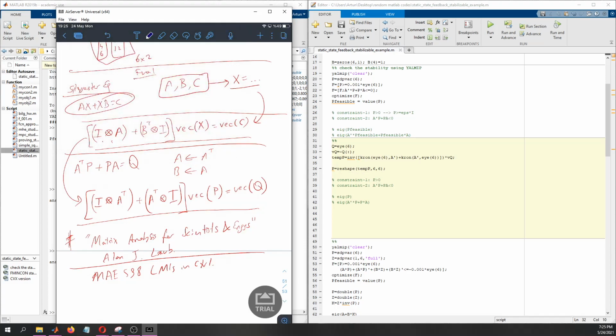We are going to define Q as identity, and since this is 6 by 6, okay, and then wait a minute, I made a mistake, I'm sorry for that. Let's just say negative Q and negative Q.